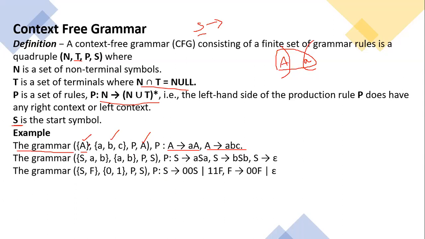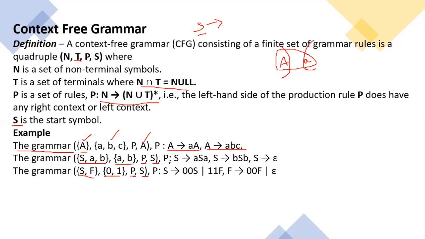Another example. Here are the terminals and non-terminals. This is the terminal, this is the production, this is the start symbol. We can have any number of terminals and any number of non-terminals.